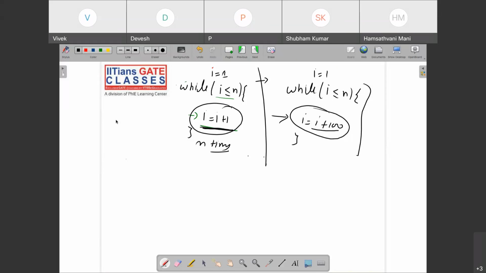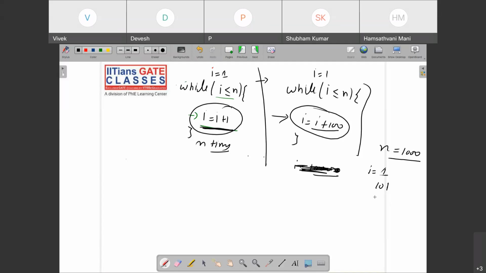Why? You can consider an example as 1000 or 10,000, just to make it easier for you. Let's make n equal to 1000. Initially I is 1. After the first execution, I will be 101.